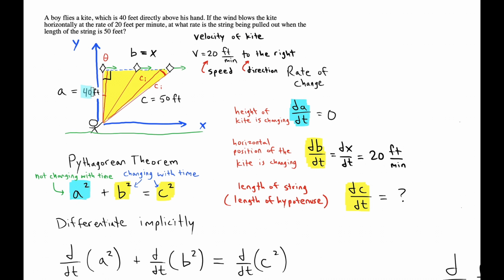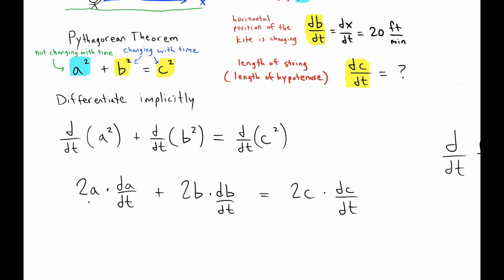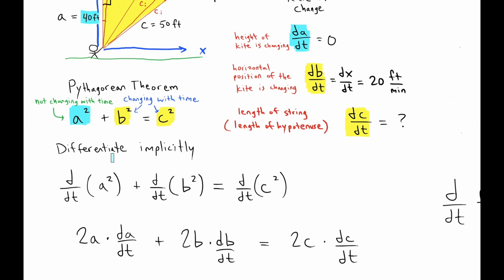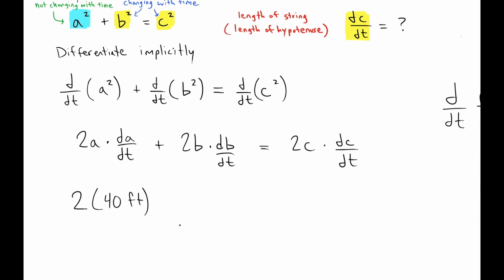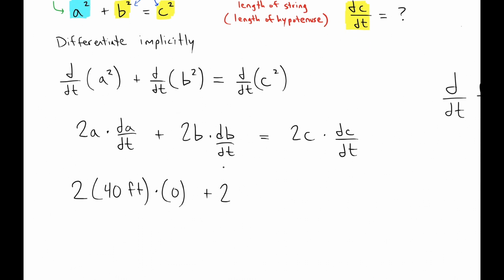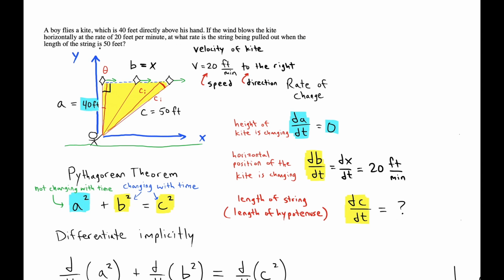So A is 40 feet. That can be plugged in here. dA dt is 0. B is going to be something that we're going to have to calculate. We can do it with the Pythagorean theorem on the side.